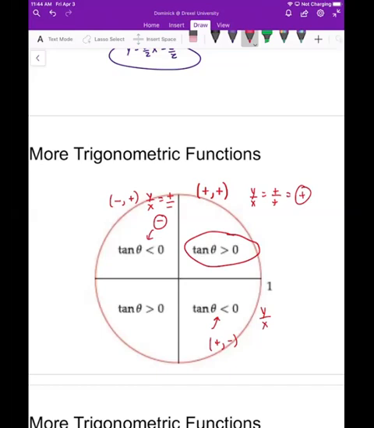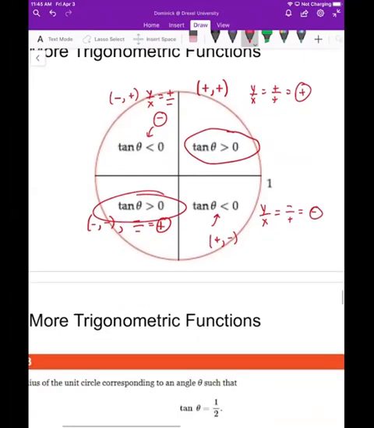So y over x is a negative over a positive, which overall is negative. Now be careful because in this quadrant, both sine and cosine are negative, but a negative over a negative becomes positive. So that's where you're getting that tangent is also positive here. All right, so that's one important observation to note here.